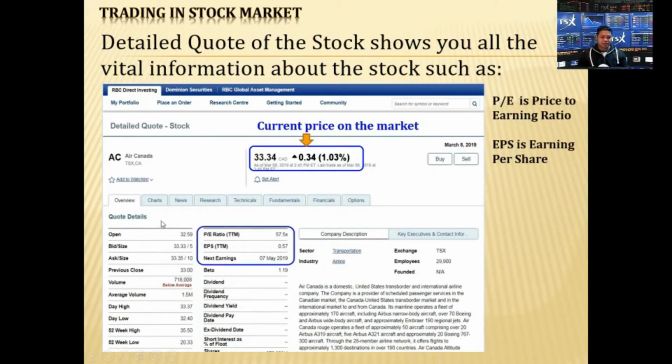And then there are some terms about the stock, like the PE ratio, or the price to earning ratio, EPS, or the earning per share. Also the volume, like how many shares or stocks are being traded, and also the 52-week low and high price of that stock.